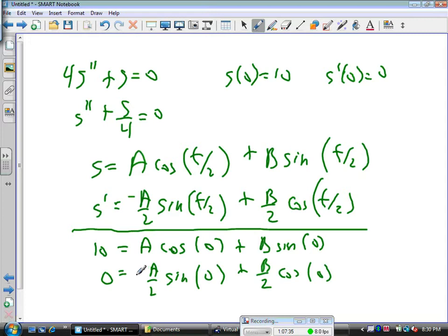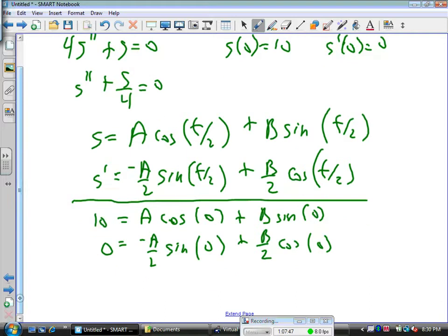Sine of 0 drops out, doesn't tell me anything about A. B over 2 times 1 is 0, so B had to be 0, just like before. A is this and B is this. Doesn't always work that way, but the particular solution is S equals 10 cosine t over 2.